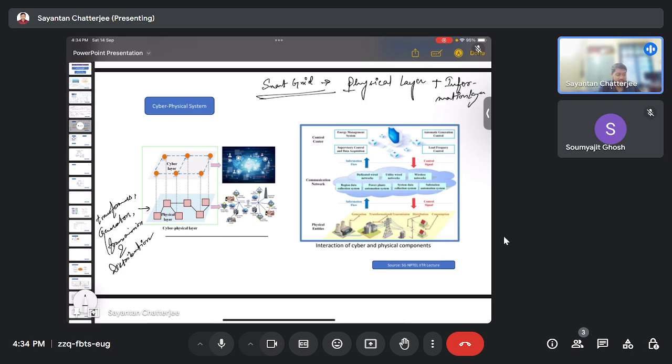So physical layer is existing. What we need to take care of is the information layer.